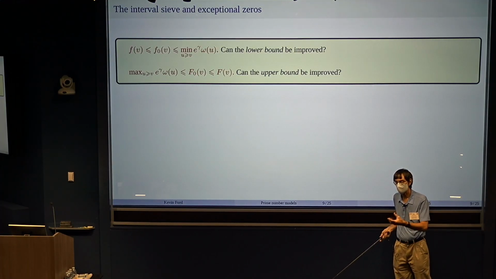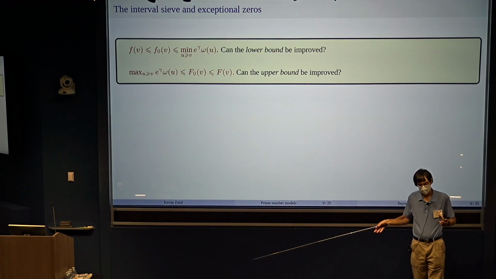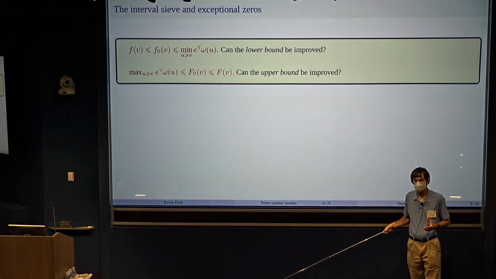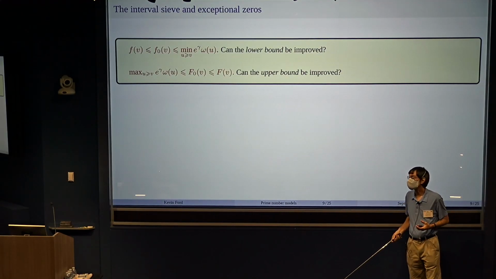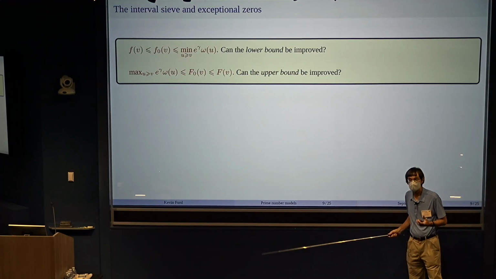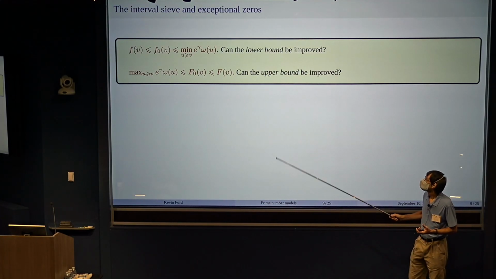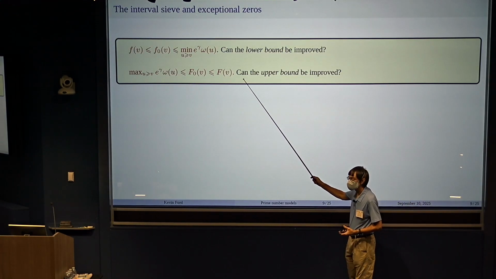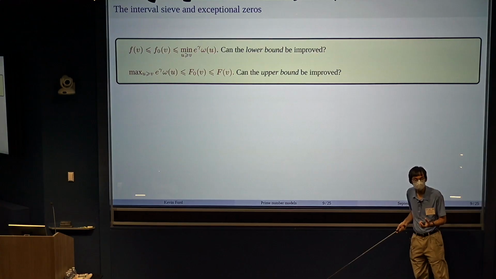These are examples that come from parity-sensitive sets, like the set of integers with an even number of prime factors, a set of integers with an odd number of prime factors. Intervals are not parity-sensitive. So what this question is really about is: is the linear sieve optimal for intervals?